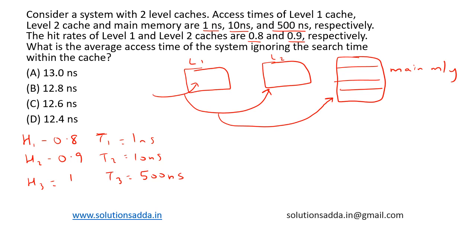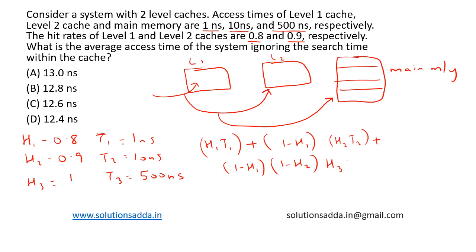So the basic formula to find the average access time ignoring the search time within the cache is H1 T1 plus (1 minus H1) into H2 T2 plus (1 minus H1) into (1 minus H2) into H3 into T3.